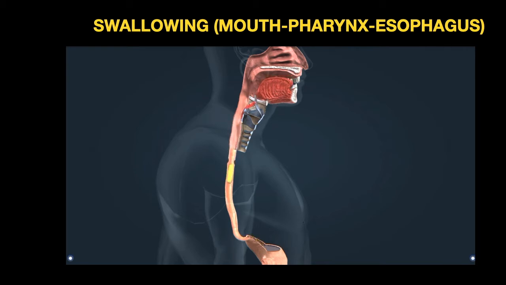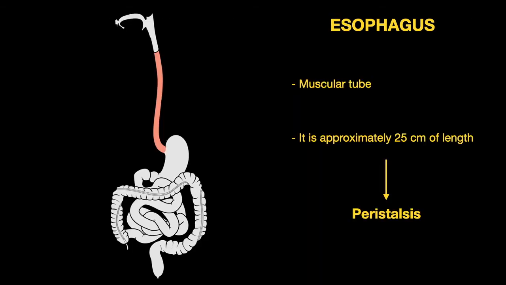Finally, during the third stage, the bolus passes into the esophagus and propulsion starts, which is the movement of food through the digestive tract. The esophagus is a muscular tube that connects the pharynx to the stomach, and it is approximately 25 centimeters in length.